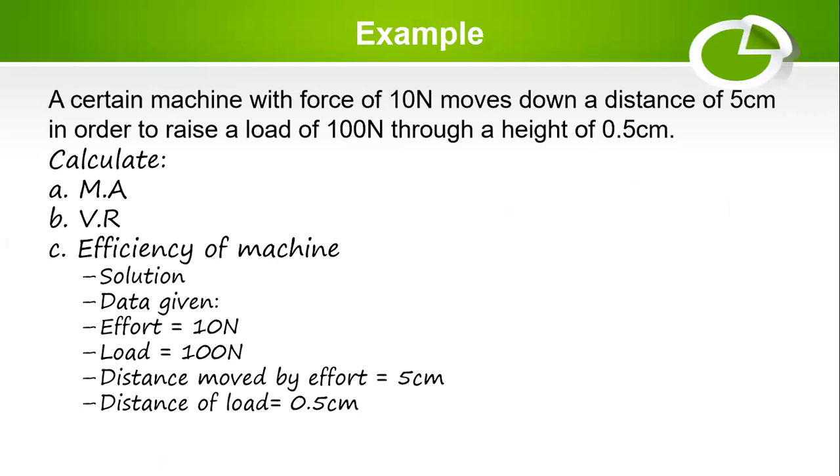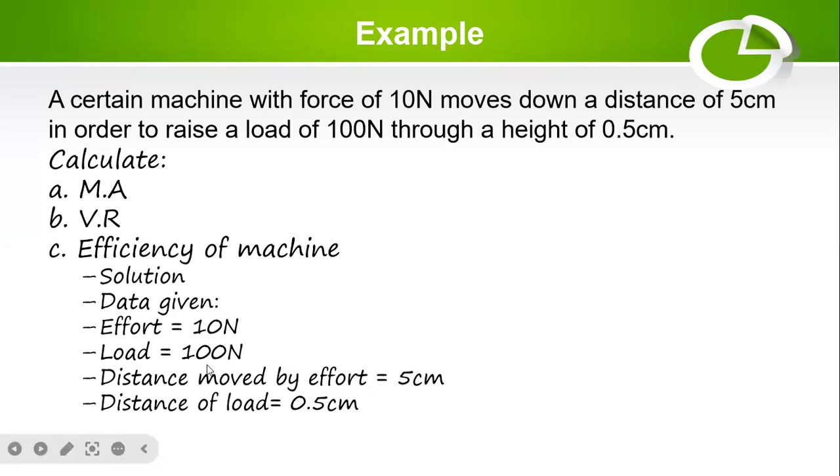A certain machine with a force of 10 Newton moves down a distance of 5 centimeter in order to raise a load of 100 Newton through a height of 0.5 centimeter. You are required to calculate the mechanical advantage, the velocity ratio, and the efficiency of the machine. Solution: we collect the data. The effort is 10 Newton, the load is 100 Newton.